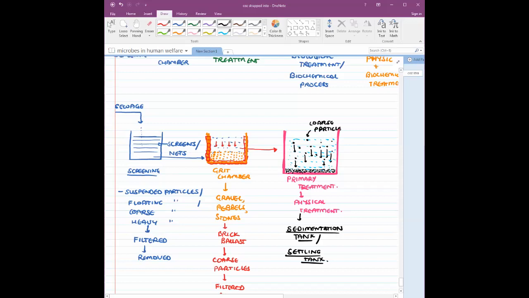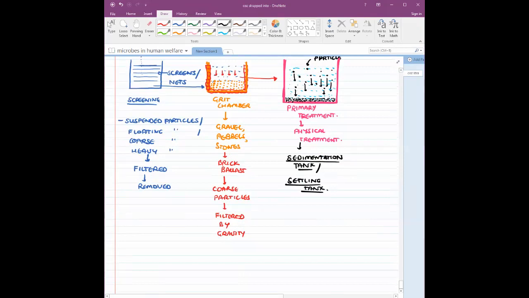Now, when we do this treatment, we are going to see around 50 to 70% reduction in this coarse material or solid material.